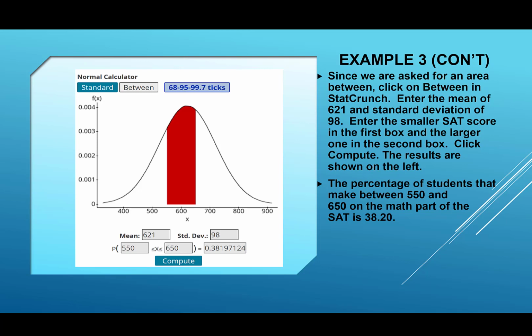Once we do that, it's pretty straightforward to enter 621 for the mean, 98 for the standard deviation, and then the smaller data value will go in the first box and the larger will go in the second box. When we click compute, we will note that the percentage of students that have an SAT score for math between 550 and 650 is 38.20.